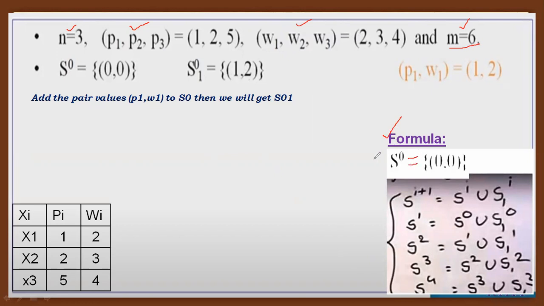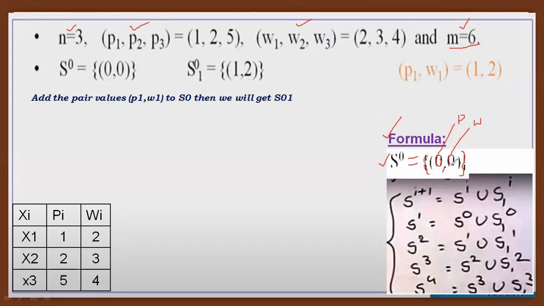The first formula is that initially you set S^0 equal to (0, 0). What does S^0 equal to (0, 0) mean? The first 0 is P and the second 0 is W.